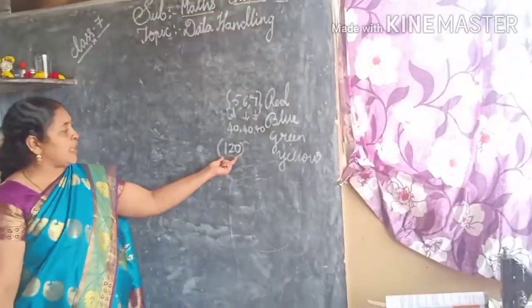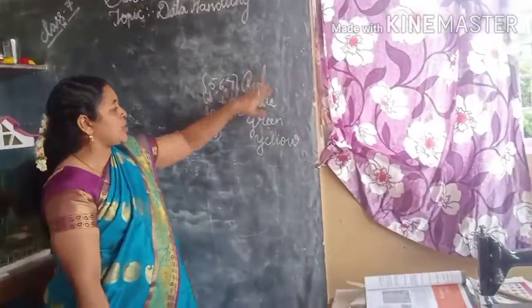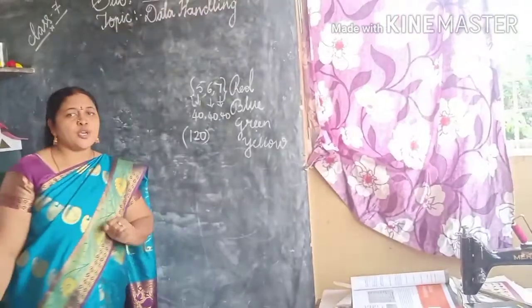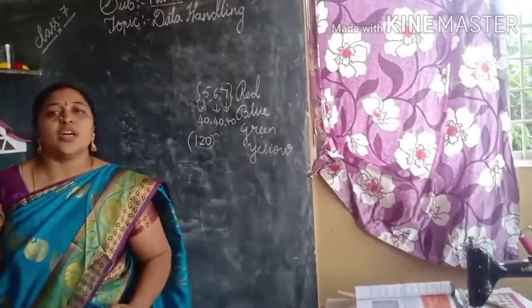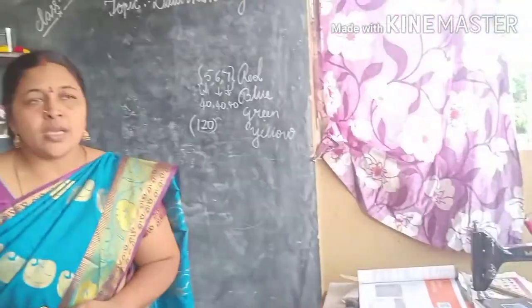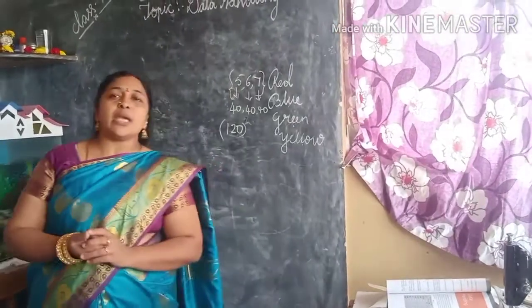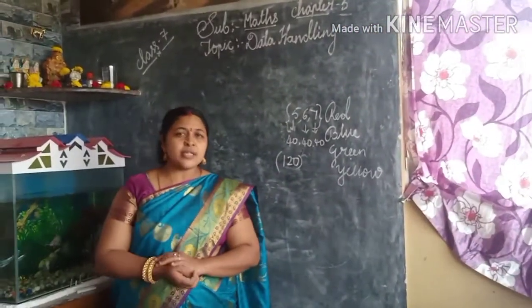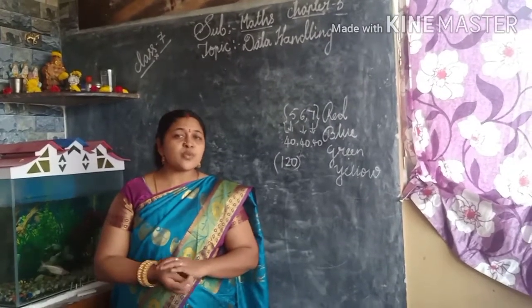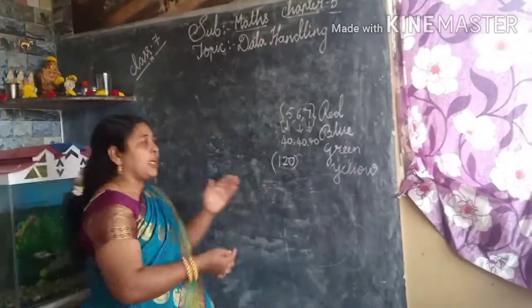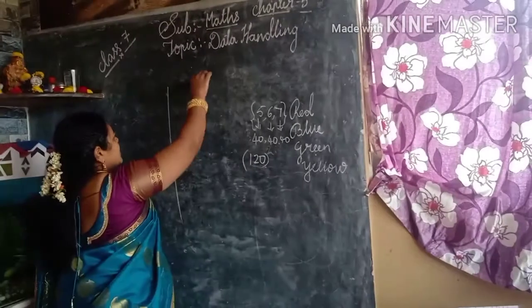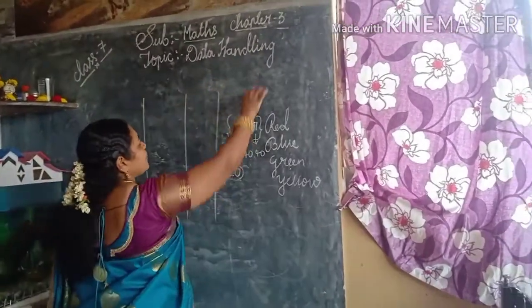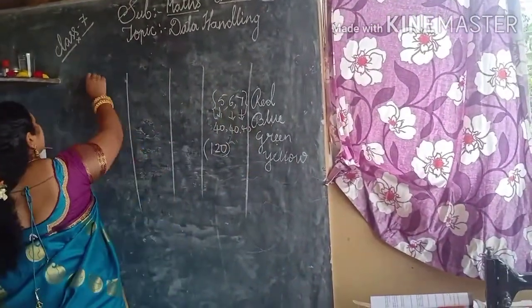And these 120 children are to be assigned into these four groups. So what is the initial work that you are going to do? Just imagine and tell me. First we will put four columns, isn't it?